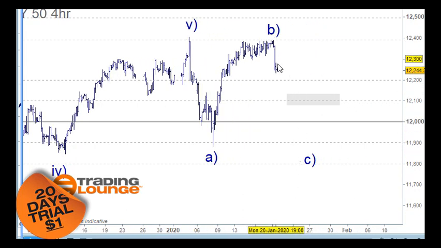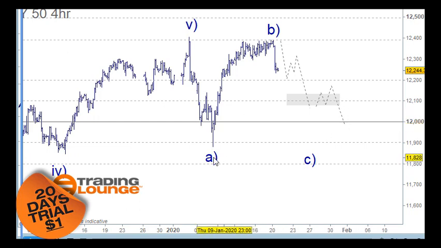So this drop that's coming down through here looks impulsive, so we should see this move down, perhaps a little bit further here, and then see an ABC pattern coming back up 40-50%, whatever, and then moving down here. There will be some consolidation here, so you just need patience, and then we'll get the 5 waves here.